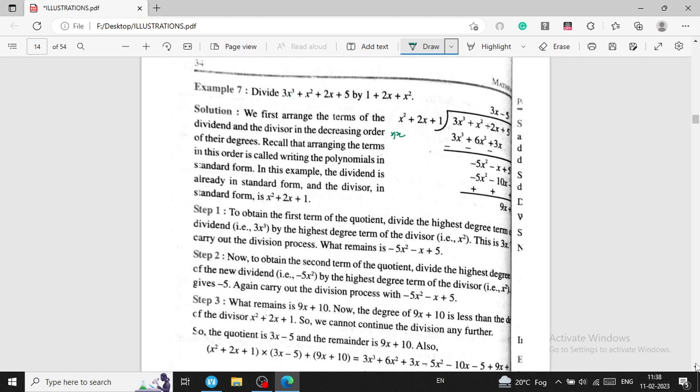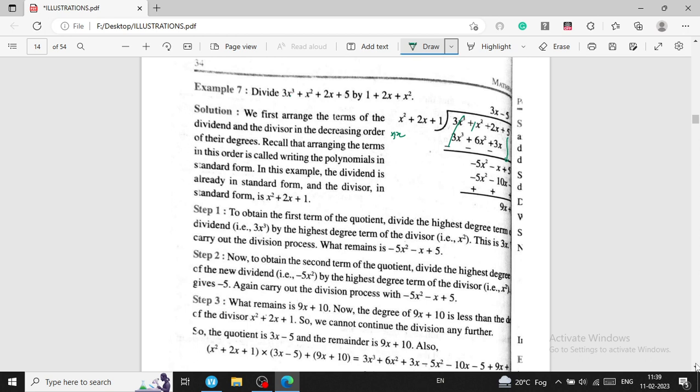Now change the sign and cancel 3x cube, minus 3x cube cancels, minus 6 plus 1 is minus 5x square, plus minus minus minus x, and 5 is taken down, minus x square minus x plus 5.